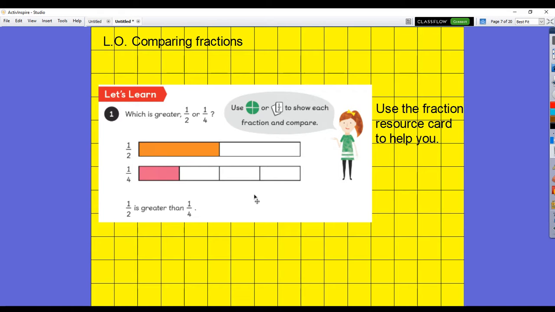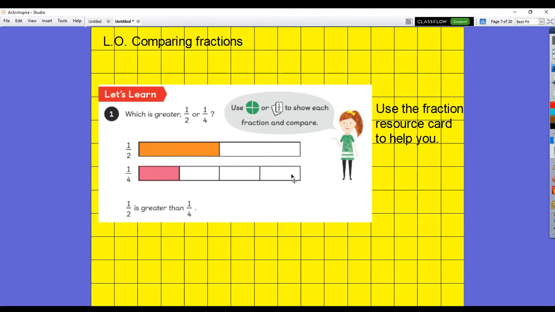We could also say, if I had a chocolate bar and I was going to split my chocolate bar with 2 people, I'm going to get more chocolate bar. Well, if I split a chocolate bar between myself and my friend, I'm going to get half of it. If I had to split my chocolate bar between myself and 3 other people, I'm going to get a smaller amount. So I know 1/2 is bigger than 1/4, okay?